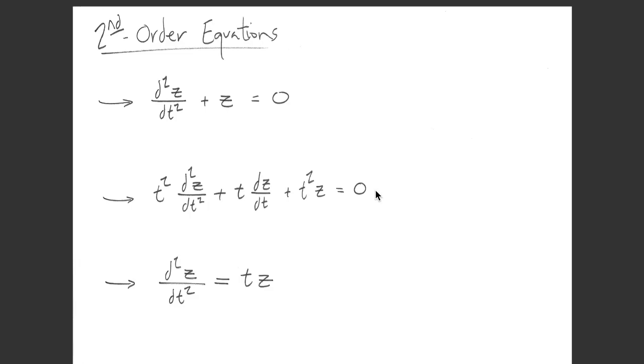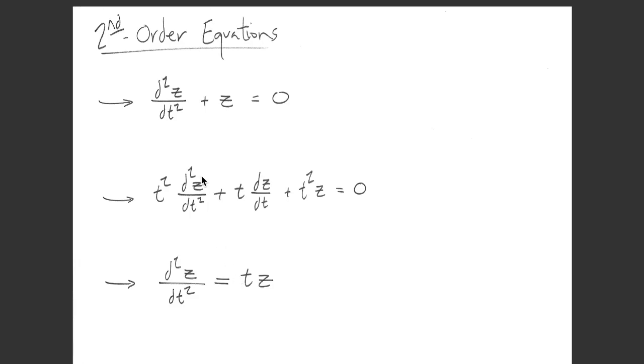This is again a second order equation because now we have derivatives of order 2, 1, and 0 appearing. And then a third example, d squared z dt squared equals t times z, again is second order because the highest order derivative is order 2.